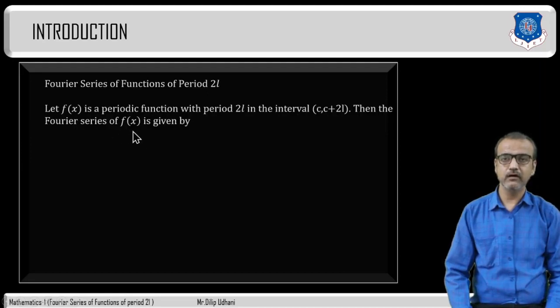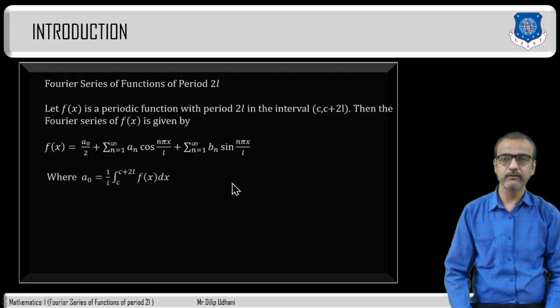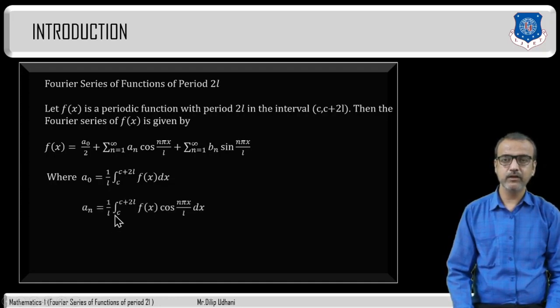Then the Fourier series of f of x is given by f of x equals a0 upon 2 plus sigma n from 1 to infinity an cos n pi x by l plus sigma n from 1 to infinity bn sin n pi x by l, where a0 equals 1 upon l integration from c to c plus 2l f of x dx, an is 1 upon l integration from c to c plus 2l f of x cos n pi x by l dx, and bn is 1 upon l integration from c to c plus 2l f of x sin n pi x by l dx.